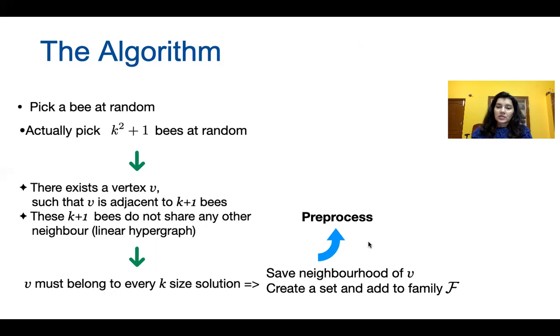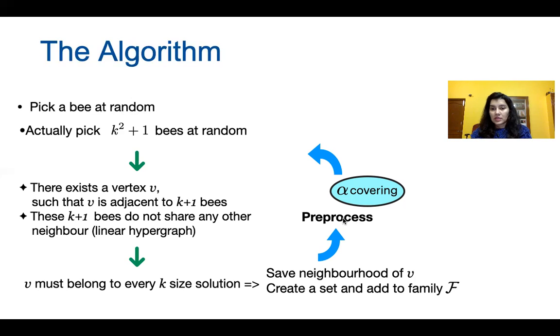We pre-process the graph. Again, we do some categorization of the vertices in A, and then we apply some reduction rules, which ensure that the alpha covering property holds once again. Then we go back to the assumption that if we pick k square plus 1 b's at random, then we find some useful vertex, and we keep on doing this.